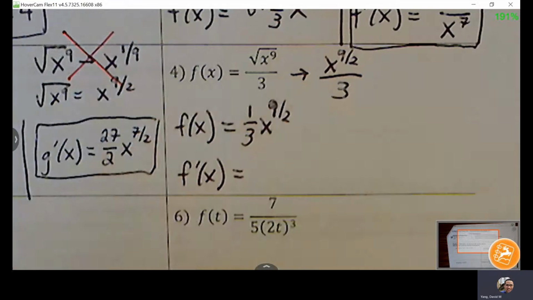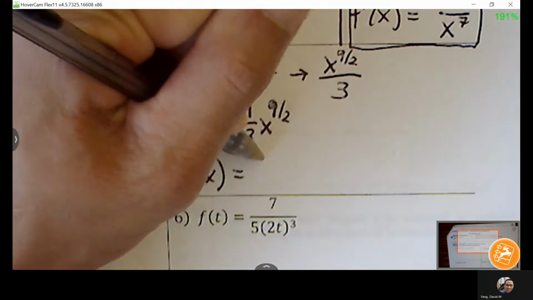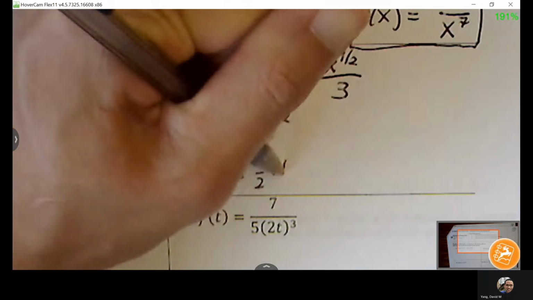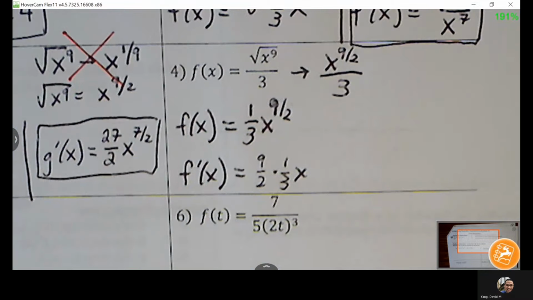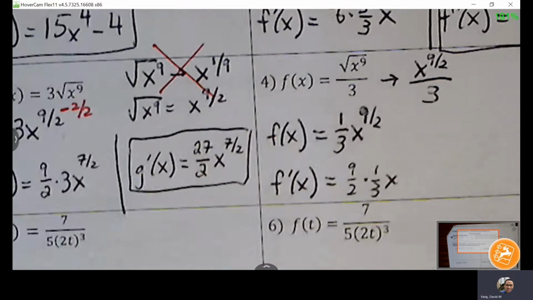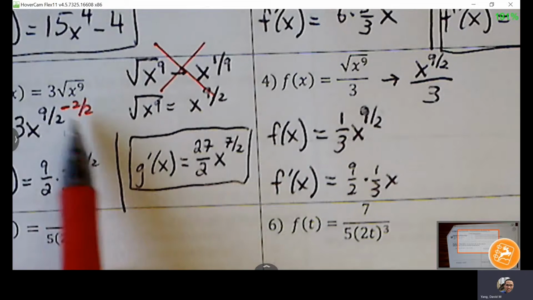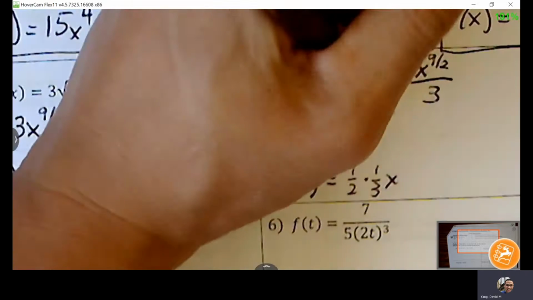Okay, bring down the 9/2. It'll eventually multiply with that 1/3, and then we can also subtract 1 from the exponent, just like we did with the previous problem, right? Subtract 1, which is matching common denominator, so minus 2 over 2.